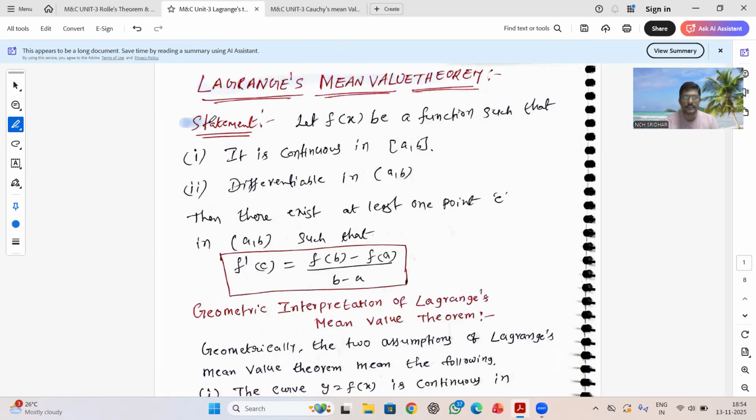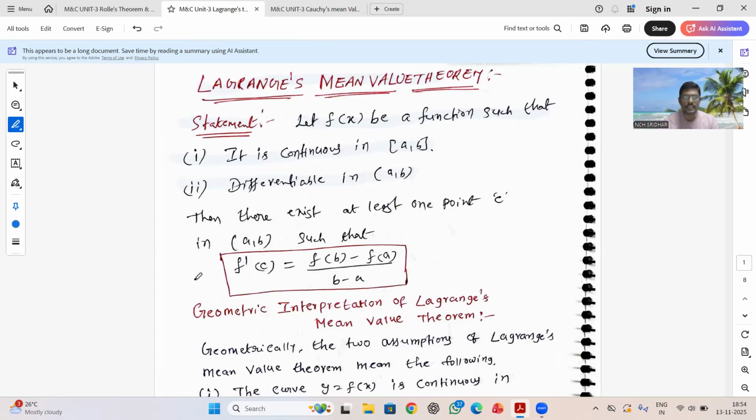The statement is, let f of x be a function such that, same as Rolle's theorem, number one condition, it is continuous in the closed interval [a, b], and differentiable in the open interval (a, b). These two conditions are similar as far as Rolle's and Lagrange's are concerned.